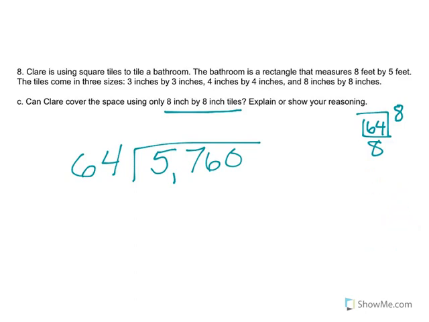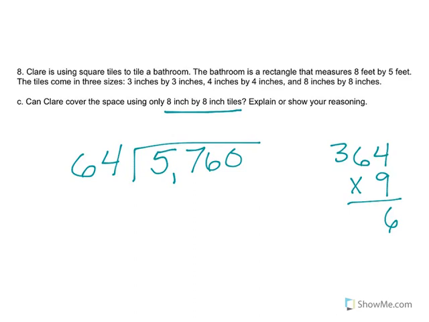All right, so we'll do 64 times 9. 9 times 4 is 36. 9 times 6, 54. Plus 3 is? 57. Hey! So I know 9 times 64 is 576. If I subtract, I get 0.